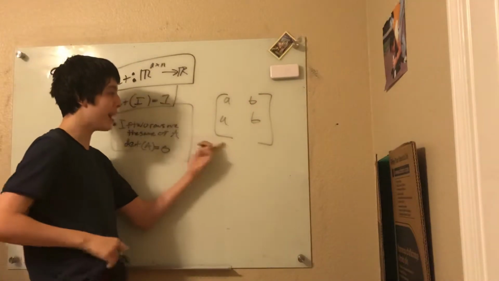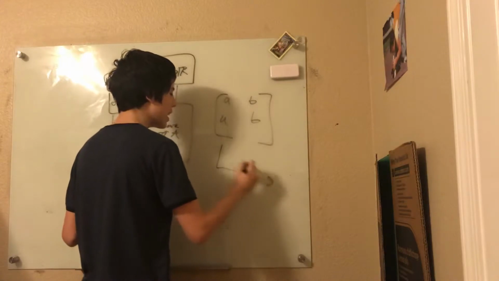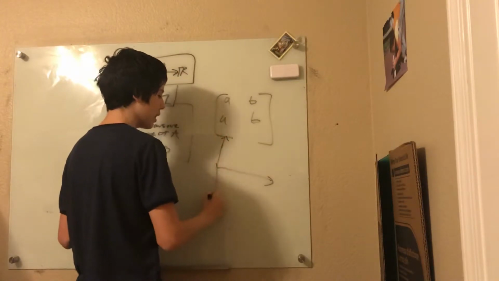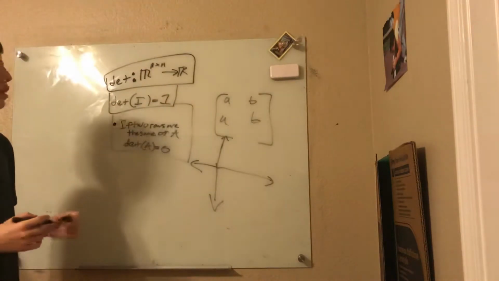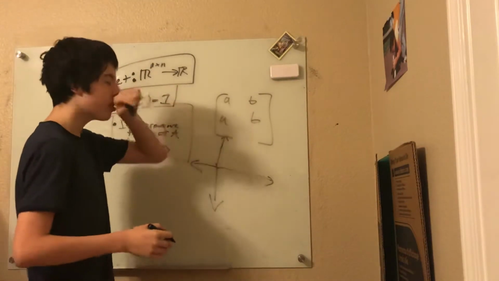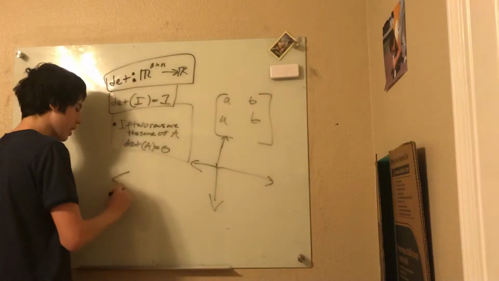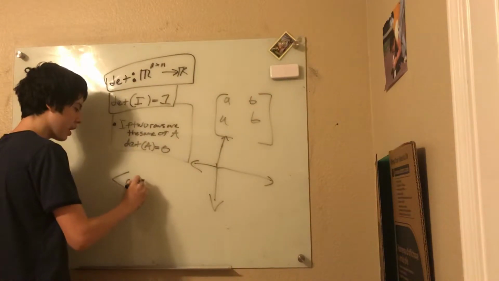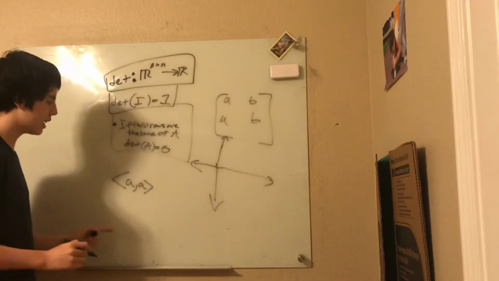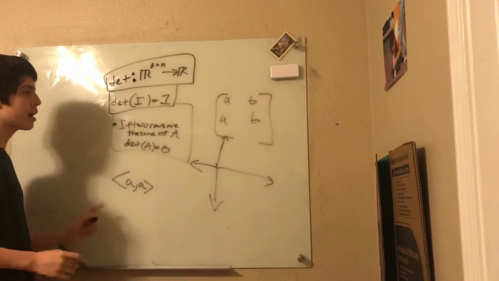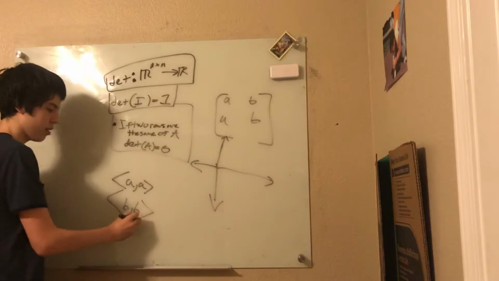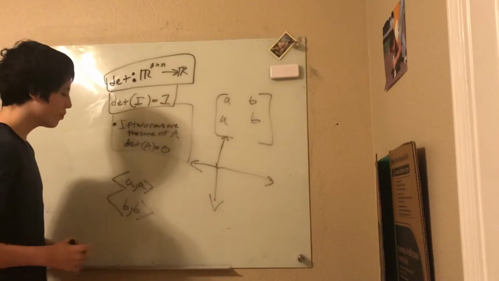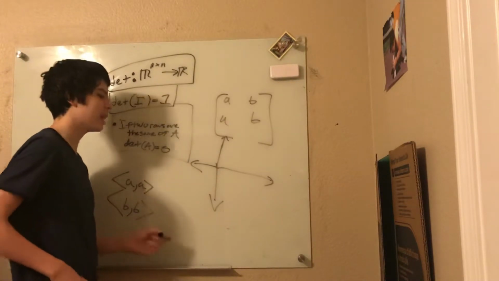So already, we're taking the determinant of this. Notice how they have the same exact components, right? So AA, BB. So what does this generate, right?